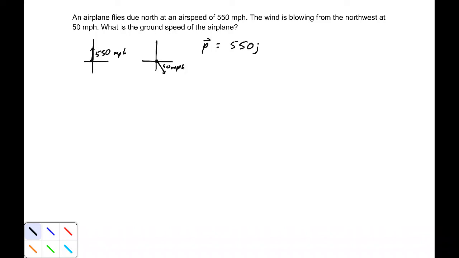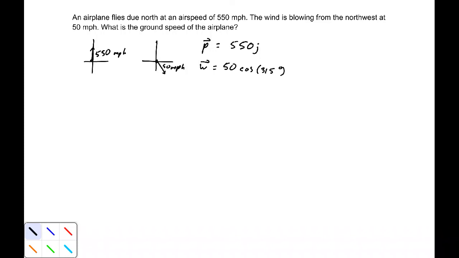And the wind, I'm going to represent that as vector W. We could write this as 50 multiplied by cosine of, let's see, what angle would that be? That would be an angle of 315 degrees.